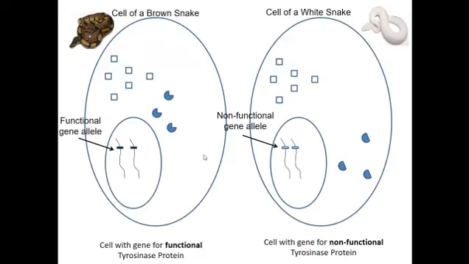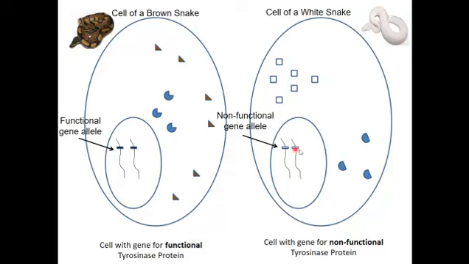Again, I hope these cell models look super familiar to you, where we have two functional alleles for our brown snake and two non-functional alleles for our white snake. Predict what will happen in these cell model animations. I hope you predicted that with two functional alleles, our white molecules will move through our fully functional tyrosinase enzymes and get converted into melanin molecules.